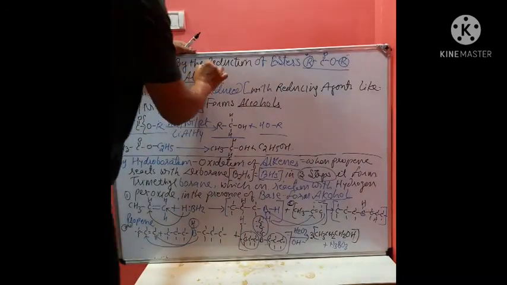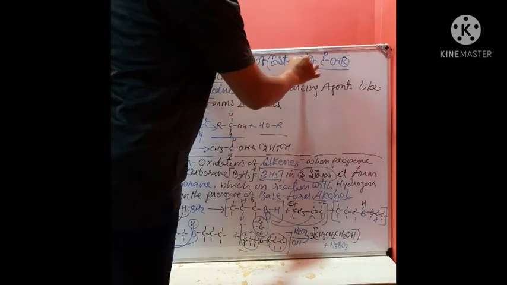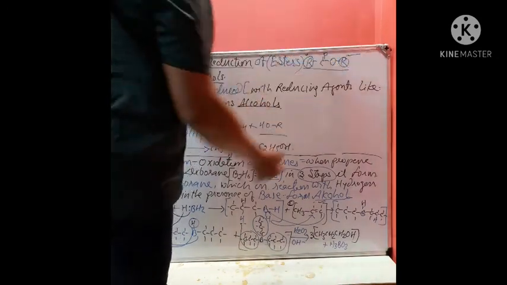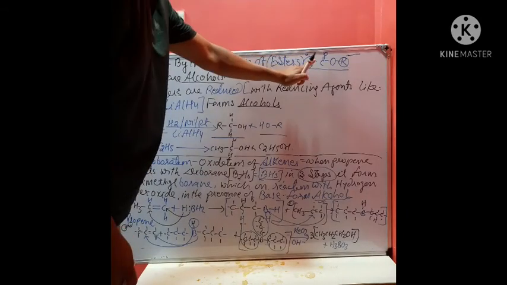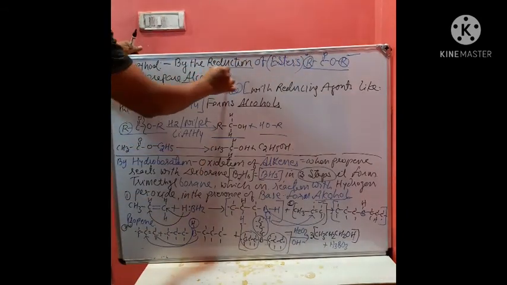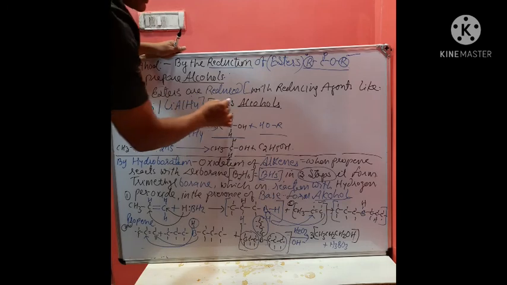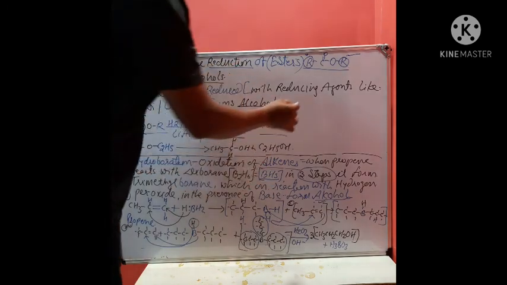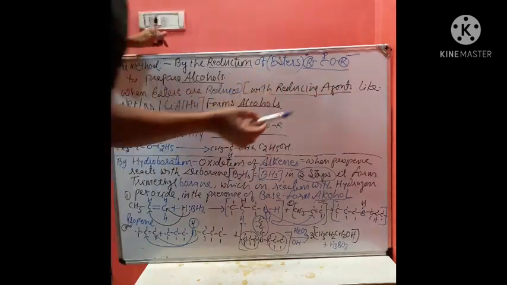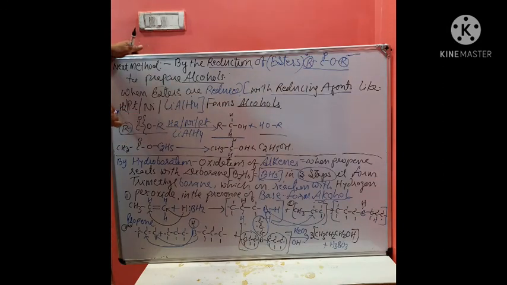So the first one is reduction of ester. Ester can be represented by the basic formula, to prepare alcohol. When esters are reduced, for reduction there should be a reducing agent. What are the reducing agents?